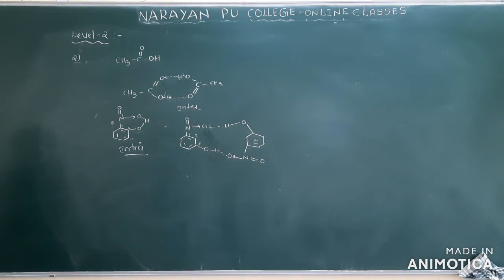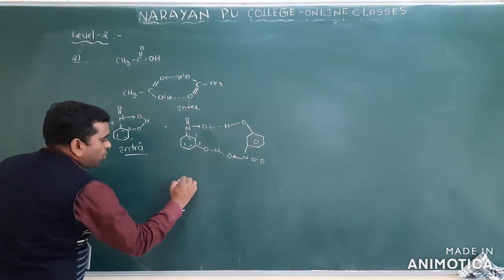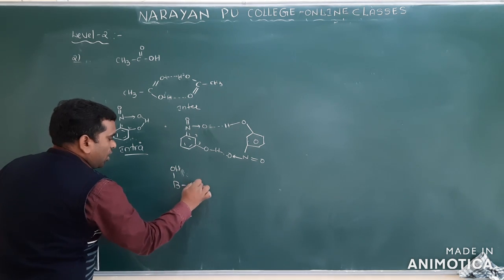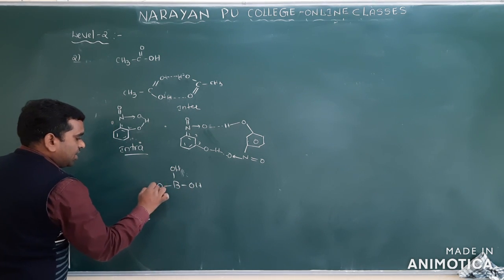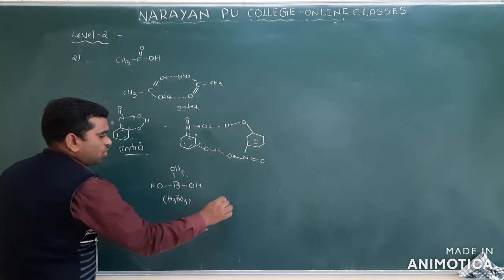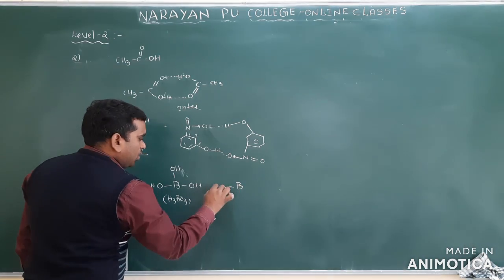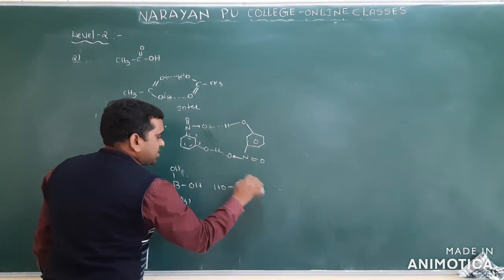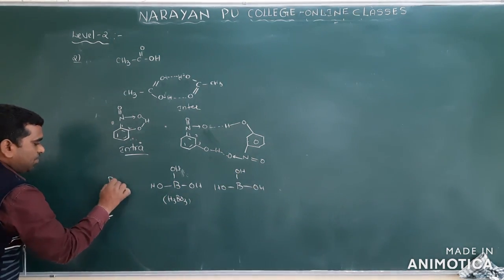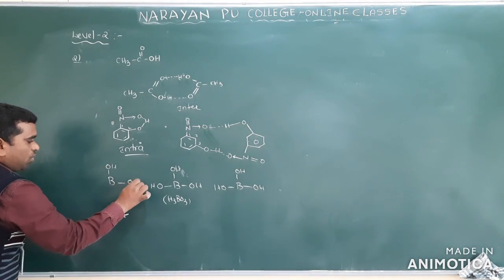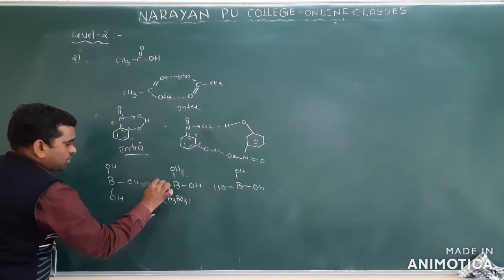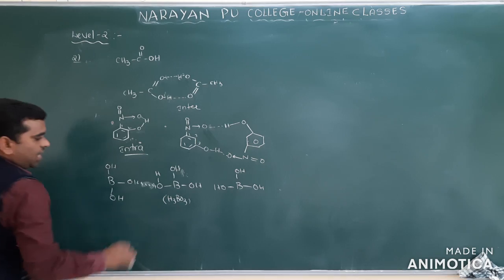Clear? So that is boric acid, orthoboric acid, H3BO3. In this case also, if I write another H3BO3, with OH and OH, here there is a hydrogen bond.